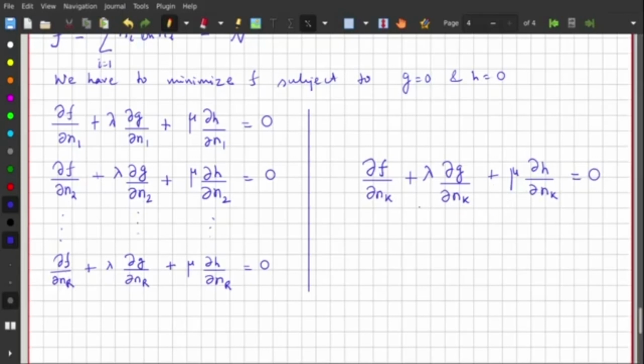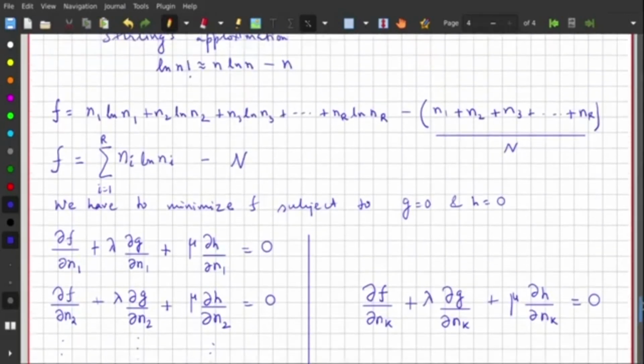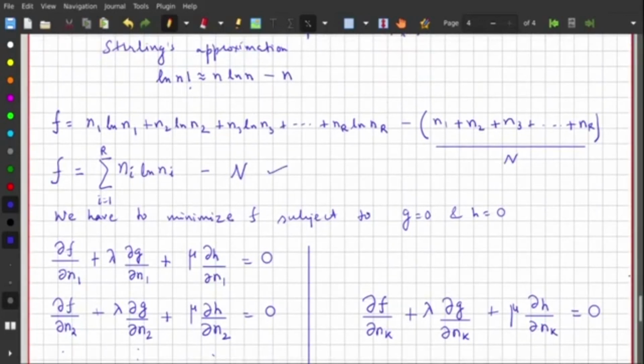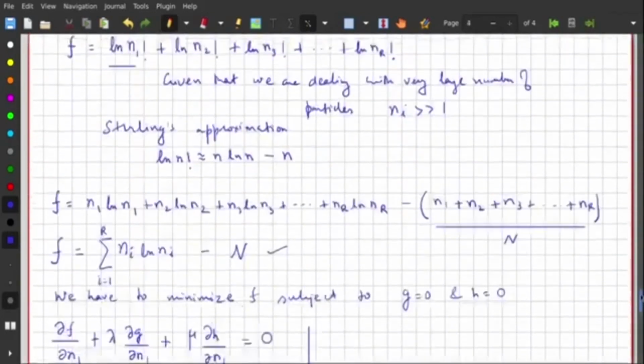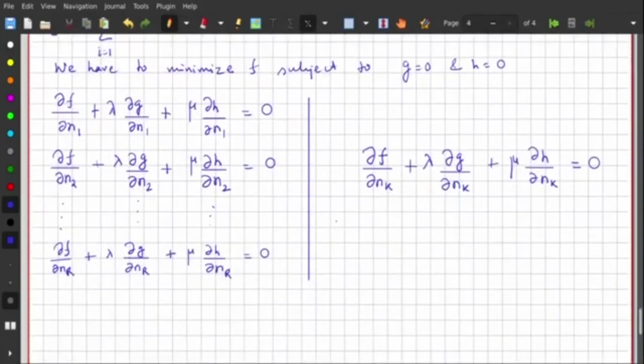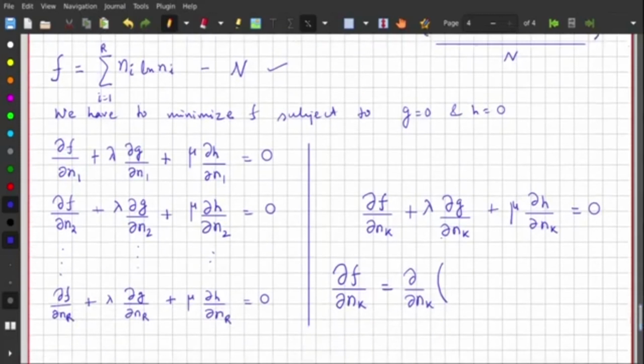Okay, so now if we use the individual values for f, g and h, let's compute each of these derivatives. So let's compute partial f partial nk. Partial with respect to nk, and remember what f was. f is the sum i equals 1 to r of n sub i log n sub i minus n.